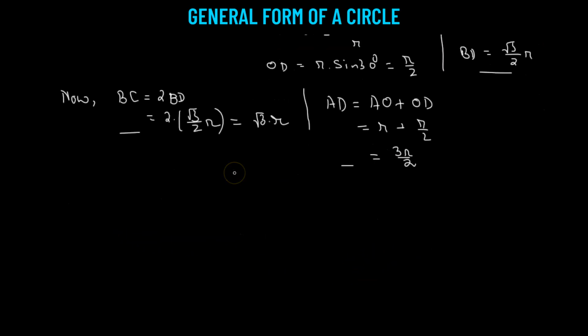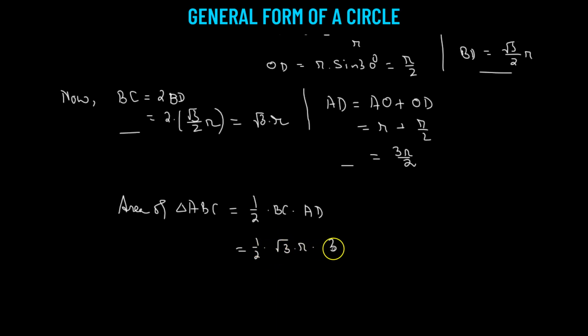So let's find the area of the equilateral triangle. Area of equilateral triangle ABC is nothing but half times the base times the altitude. So we get half multiplied by square root of 3 times r times 3 over 2 times r. That gives us 3 times square root of 3 divided by 4 times r squared. So this is going to be the required area of the equilateral triangle.